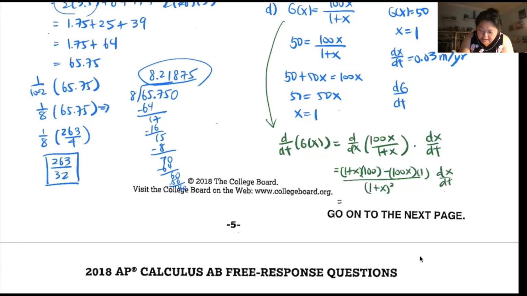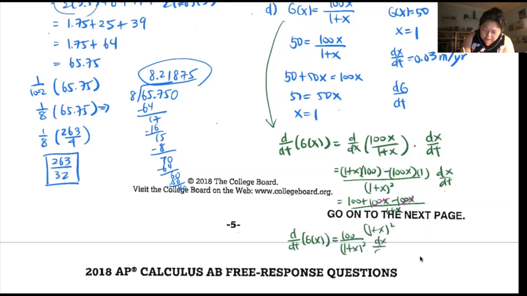So multiply this out, you get 100 plus 100x minus 100x, all over (1 plus x) squared, and I'm happy these will reduce out. So we really have d dt of g of x equals 100 over (1 plus x) squared times dx dt, right? So that's what we're looking at.